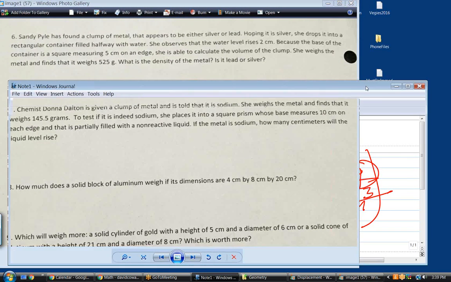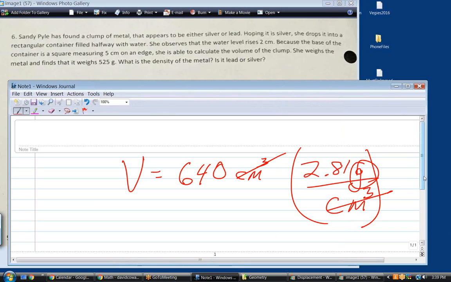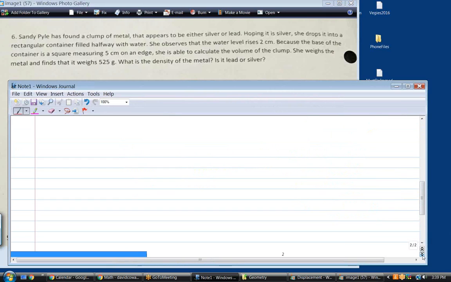Let's look at number 6. All right. What is the volume of the clump of metal?